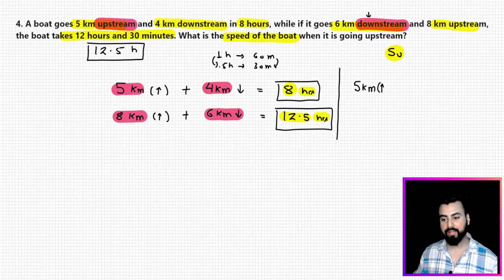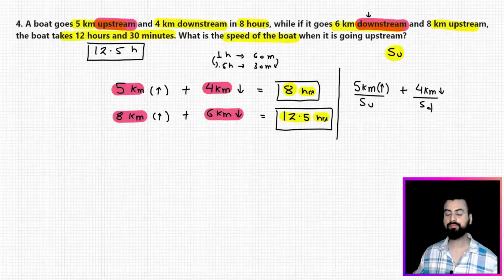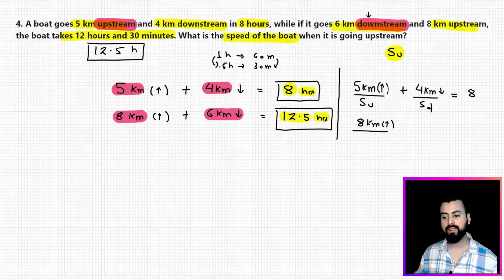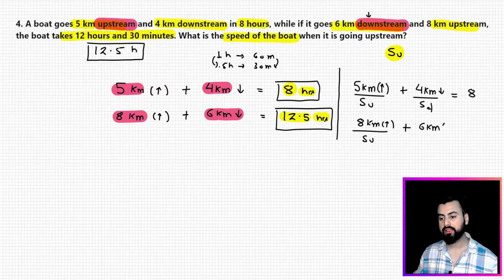If I divide this upstream distance by the upstream speed, I get the value of time upstream, plus 4 kilometer downstream distance with what speed? Speed downstream. This is equal to 8 hours. Likewise, if you look at the second equation, 8 kilometer upstream with what speed? Speed upstream. And 6 kilometer downstream with speed downstream. It is equivalent to 12.5 hours.